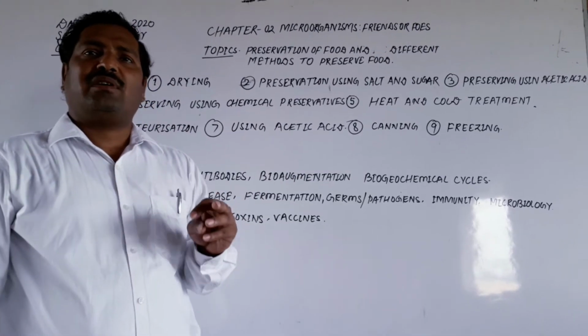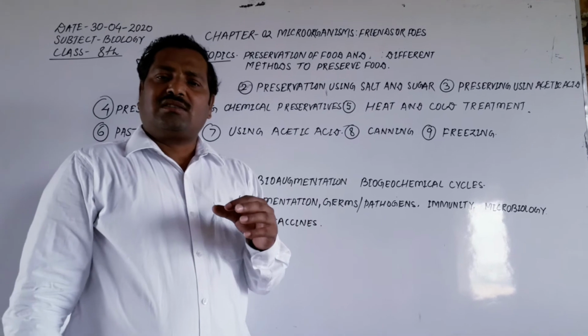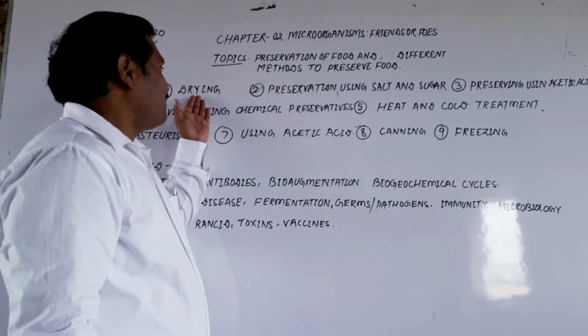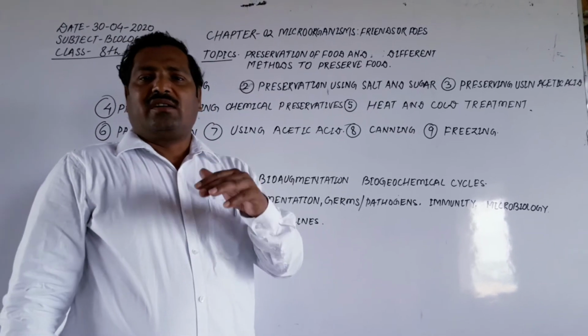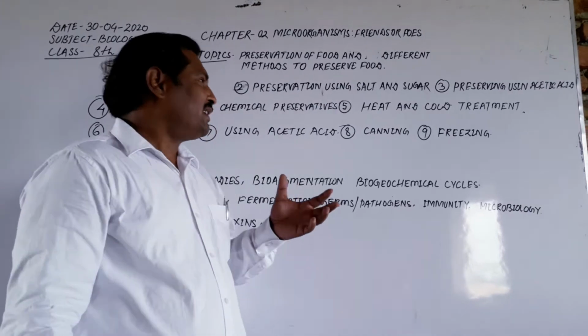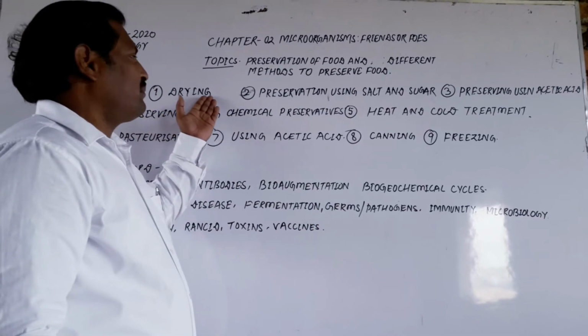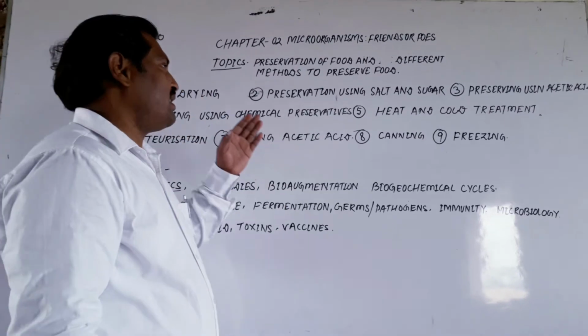Foods like apple, pineapple and different fruits are also preserved by the drying method. And when we dry the food, it is very easy to carry; it becomes portable. This is the drying method. Mango as well as pickles are also dried in the sun.